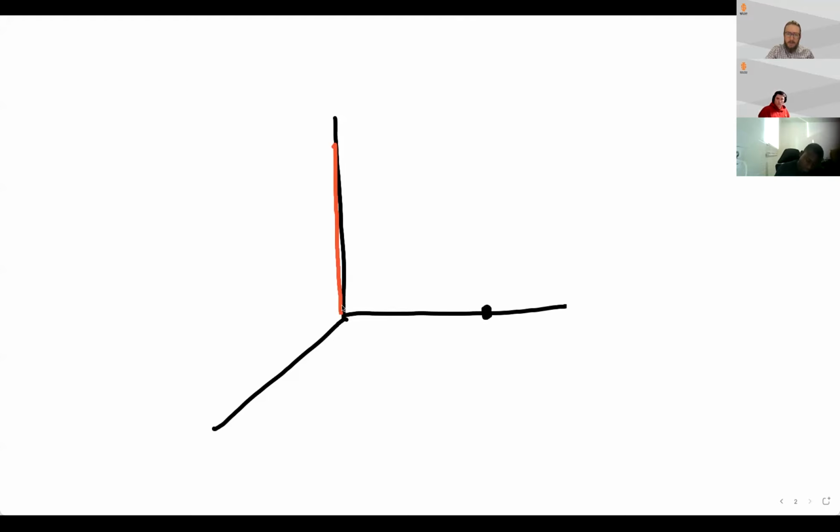This little bit of line charge is going to exert a field here. We keep integrating, and this little bit is going to exert a field like this, and this little bit a field like this, and so on until we get all the way up here, and this one exerts its electric field.